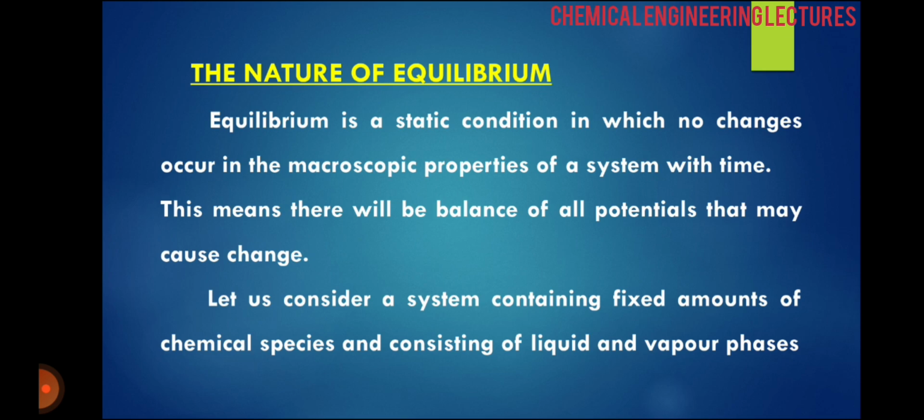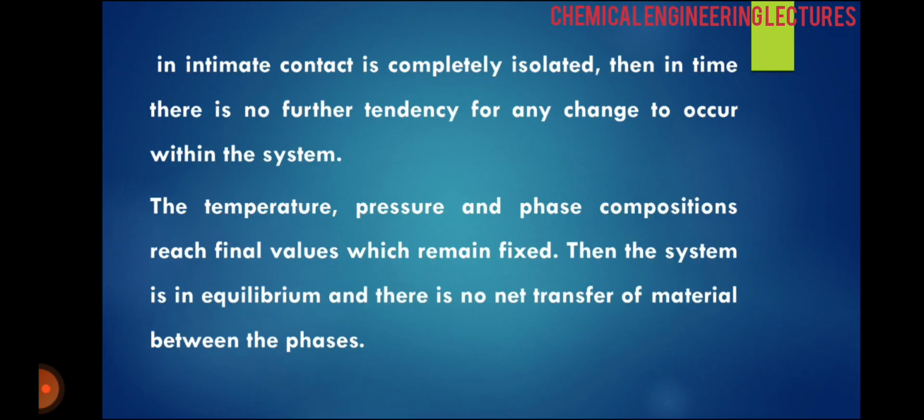Now consider a system containing a fixed amount of chemical species, consisting of liquid and vapor phases in intimate contact, that is completely isolated. Then there is no further tendency for any change to occur within the system.